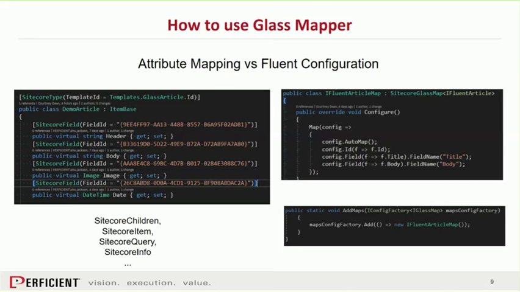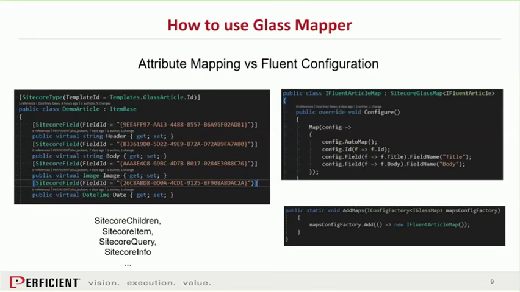On the left side is attribute mapping. You can see there is a SitecoreType template ID above the class name line, and SitecoreField field ID above each field. They are there to map the specific template and fields in Sitecore to your class and the properties in the class.